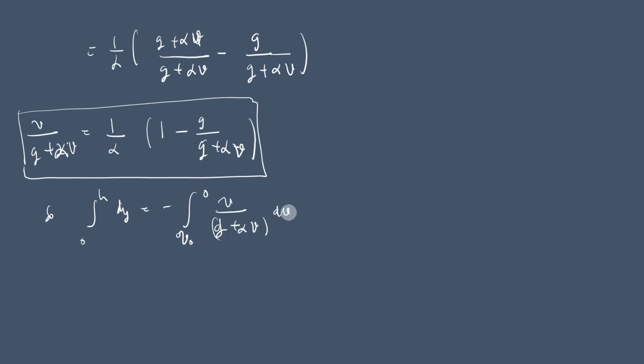v divided by g plus alpha v dv. We change this term and we get on the left side h equals, on the right side, minus 1 over alpha integral from v0 to 0 of 1 minus g divided by g plus alpha v dv.